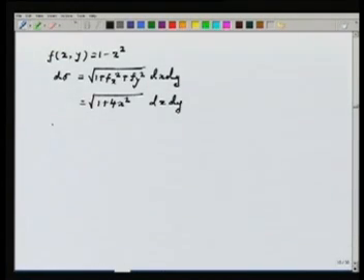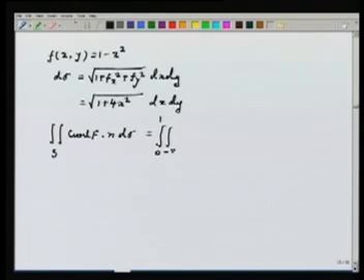So now I have to calculate the left hand side, that is integral over s of curl f dot n d sigma. So this is now, I know the parametrization, that is the variation of x and y. Well, the variation of x is from 0 to 1, variation of y is from minus 2 to 2.